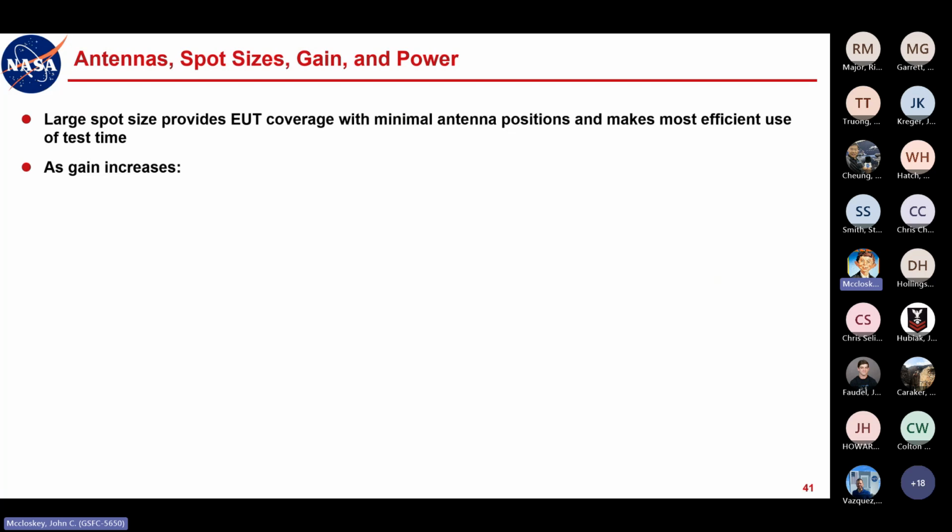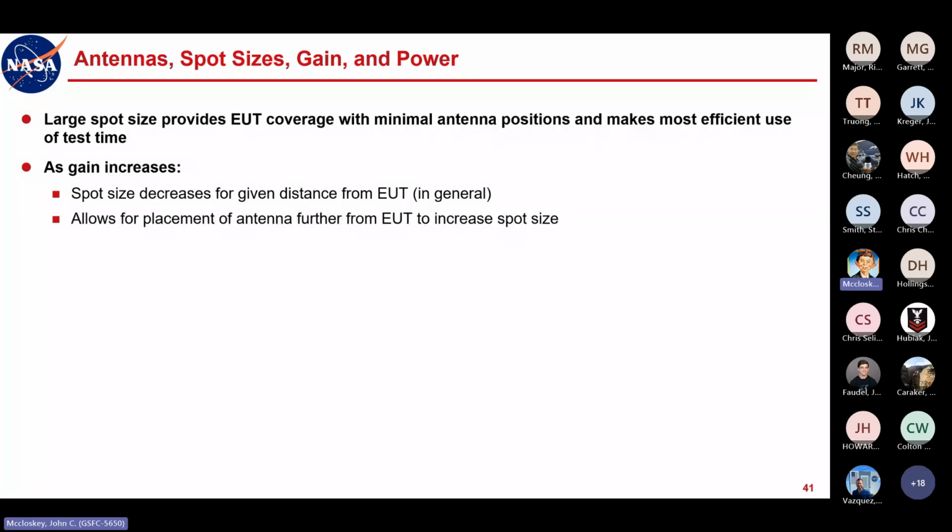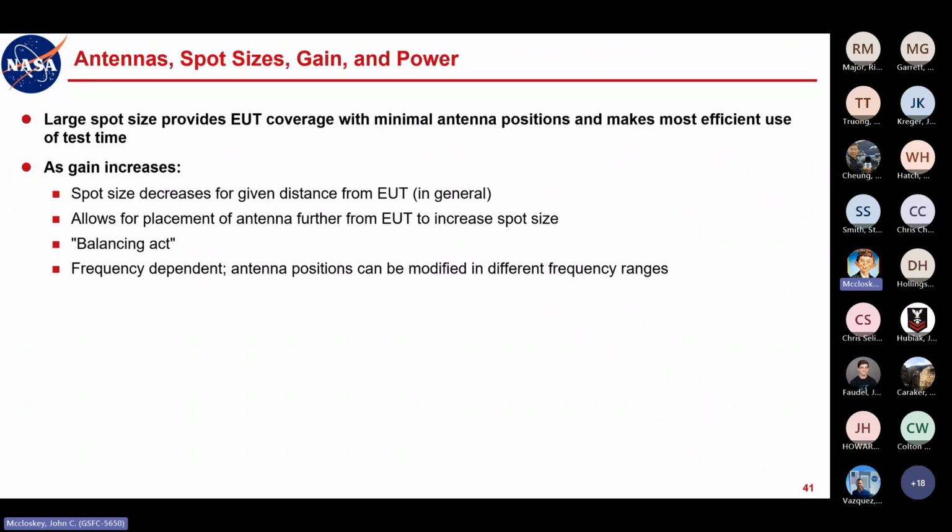But as gain increases, the spot size will decrease for a given distance from the UT in general. But it allows for the placement of the antenna further from the UT to increase the spot size. So it's a little bit of a balancing act. Right, and it is frequency dependent, and antenna positions can be modified in different frequency ranges to accommodate your needs.